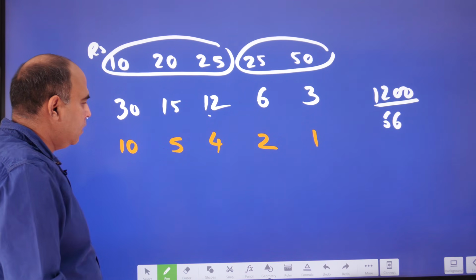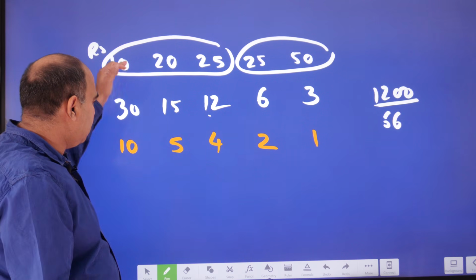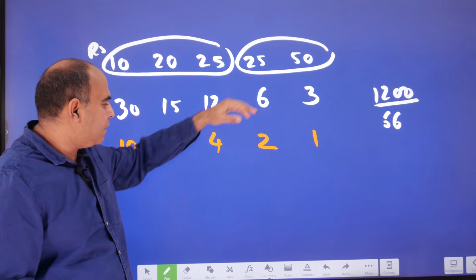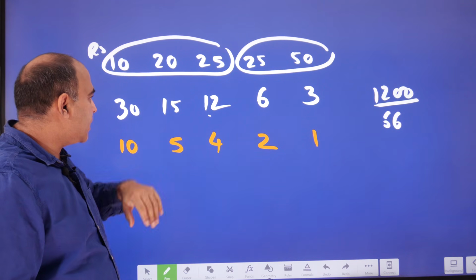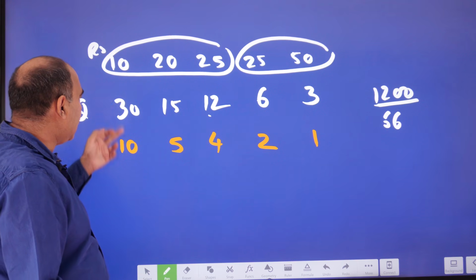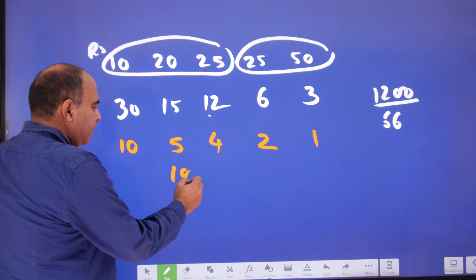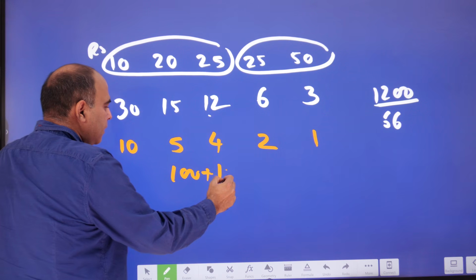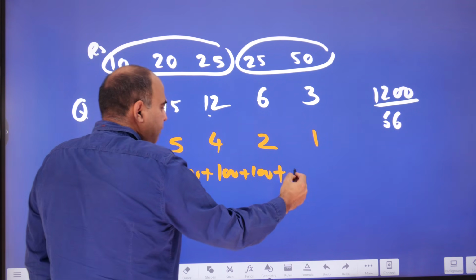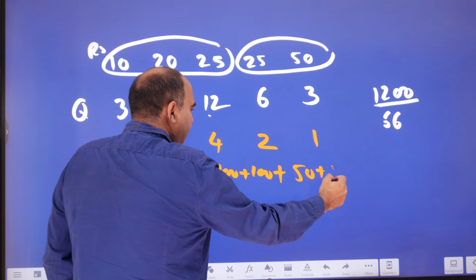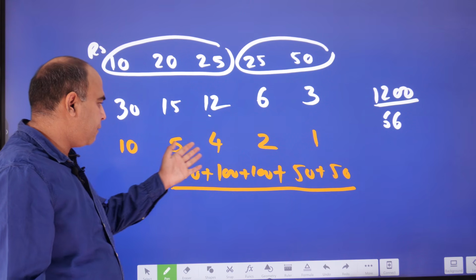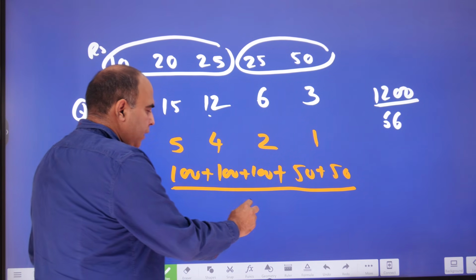And the total, N1A1 plus N2A2 plus N3A3 plus N4A4 plus N5A5 divided by N1 plus N2 plus N3 plus N4 plus N5, will also give the answer. So this is 10 into 10, 100, plus 5 into 20, 100, plus 4 into 25, 100, plus 2 into 25, 50, plus 1 into 50, 50, divided by 22.